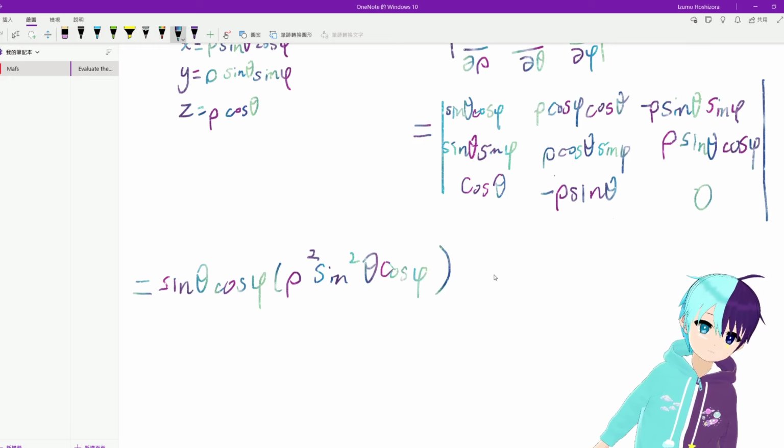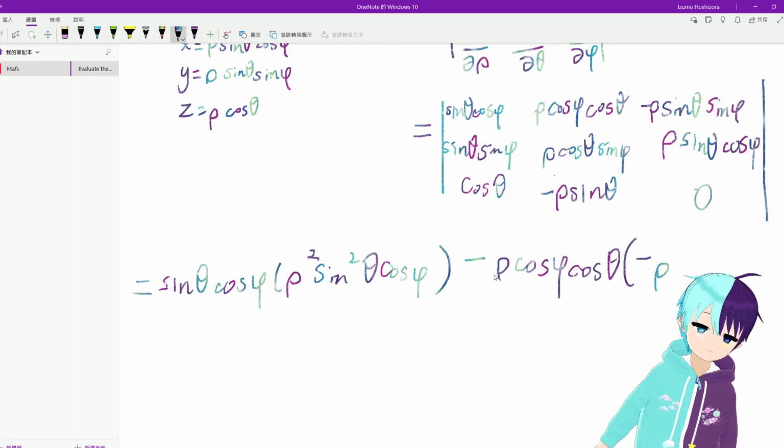And for the second term, rho cosine phi cosine theta, then determinant of these four would be negative rho sine theta cosine phi cosine theta.